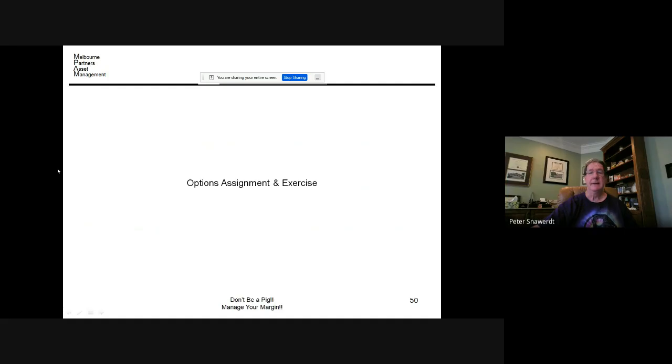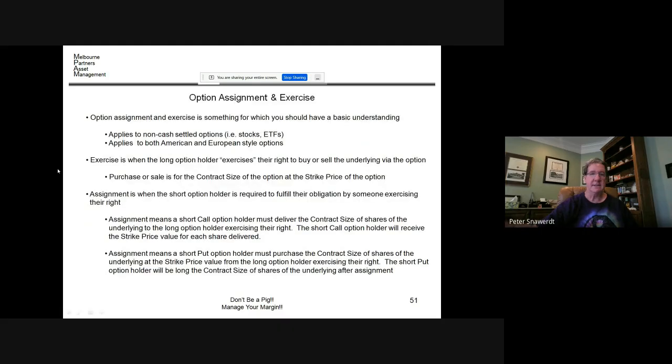Assignment and exercise. We spoke briefly about assignment and what might happen under dividend conditions in the last class, and we'll go into that a little bit more here.